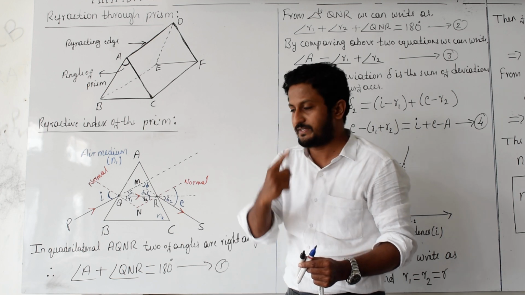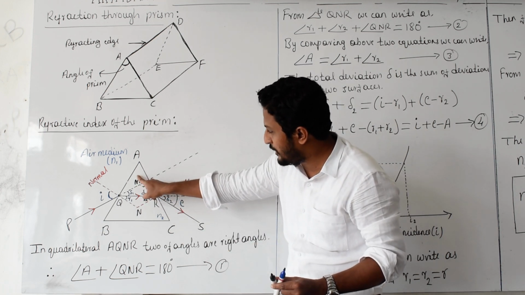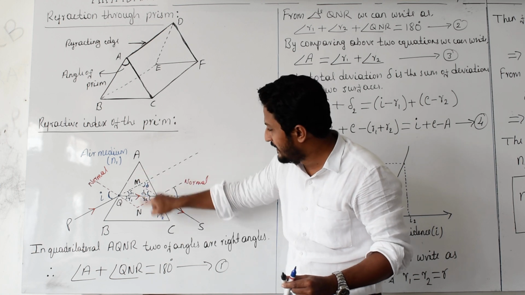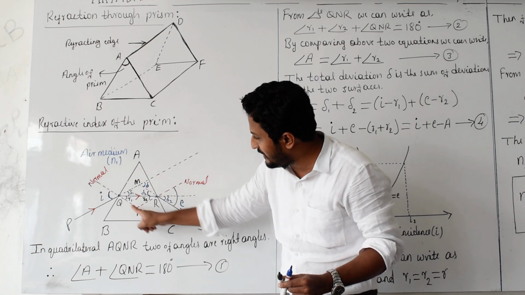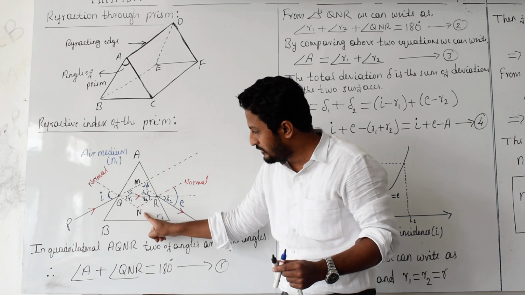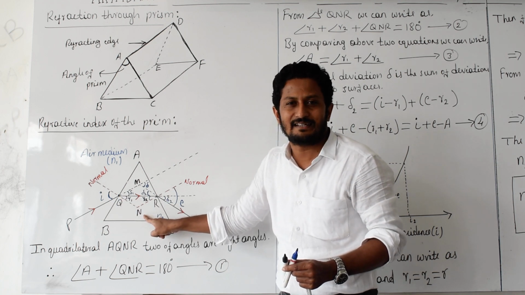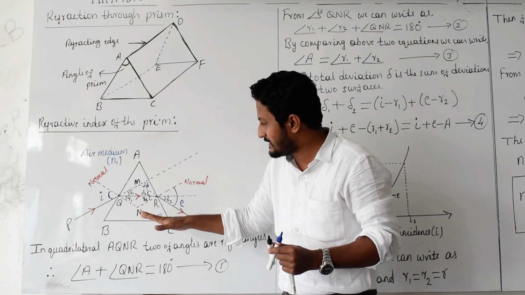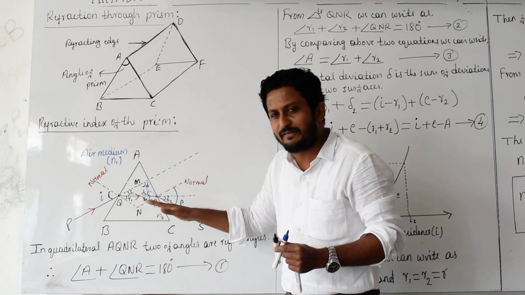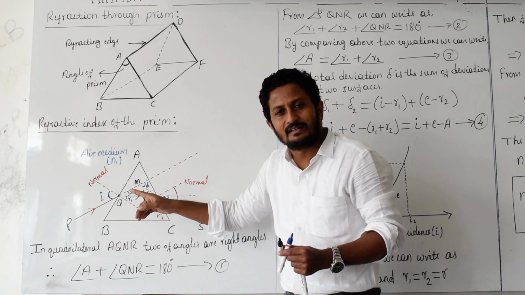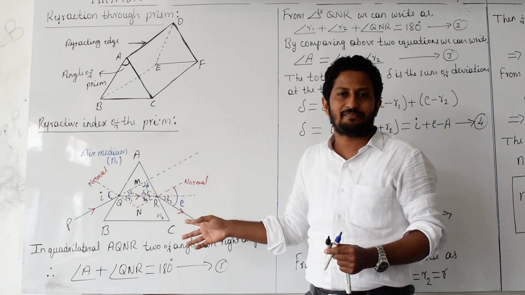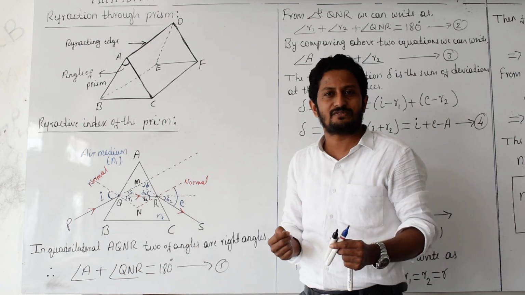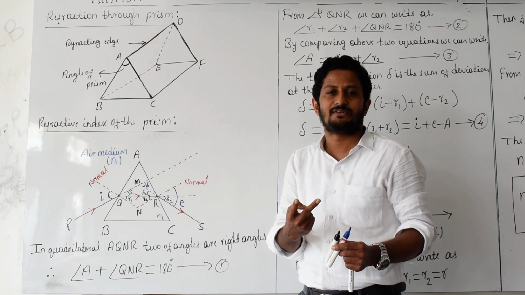This intersection point, you name it as M. And the intersection point of those two normals, you name as N. This is about the refraction of that light through the prism. It got two refractions, two deviations.